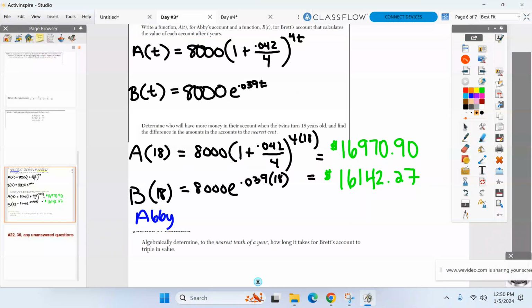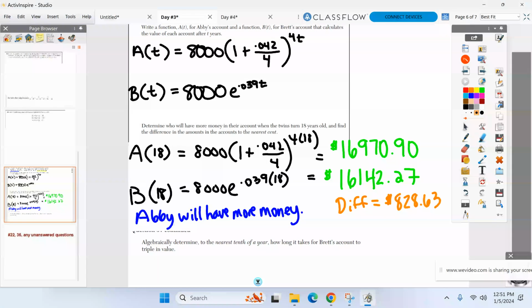But there's another part to this, isn't there? Other than saying Abby will have more money. What's the difference between them, right? What do you got to do to these? Subtract them. Yeah. All right. $828.63.